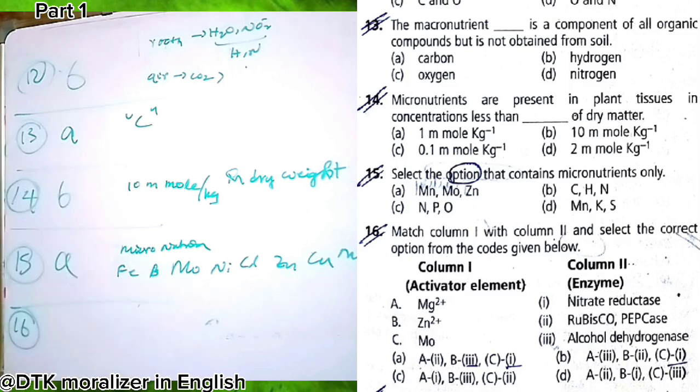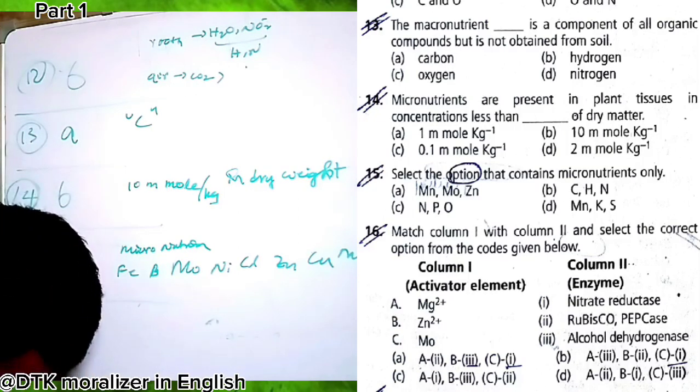Match column 1 with column 2. Mg plus 2, Zn plus 2, molybdenum; nitrate reductase, rubisco peptase, alcohol dehydrogenase. Here as you can see, Mg plus 2 for rubisco and peptase, A2; Zn plus 2 for alcohol dehydrogenase, so B3; molybdenum for nitrate reductase.